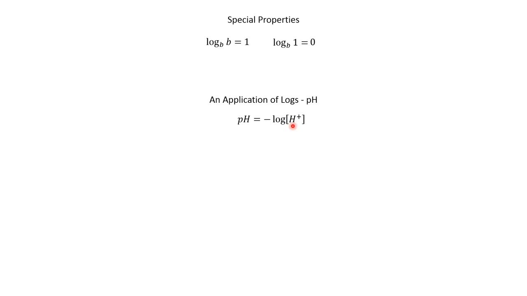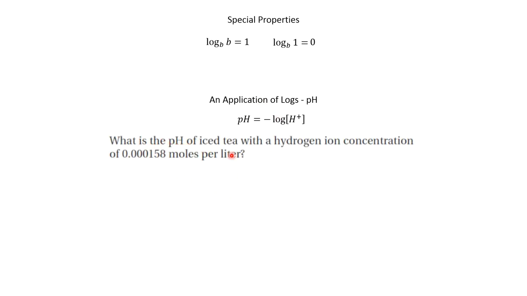Basically what the problem's going to do is give you a number like 0.0000537. You take the log of it in your calculator, it'll give you a number like -2. You slap it with this negative to make it a positive. That's how all of these work. So, an example: What is the pH of iced tea with a hydrogen ion concentration of 0.000158 moles per liter?